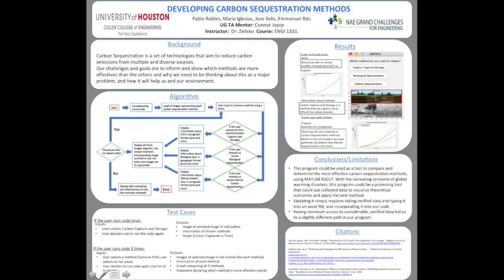The maximum number of times they can do that is 3, which are the 3 methods that we have. After that, we display a warning message saying that they already chose all the methods, and we give them a final plot with the 3 methods comparing the effectiveness of all of them. We make the graph for each of them if they only do 1 or 2 or 3, depending on how many they select.